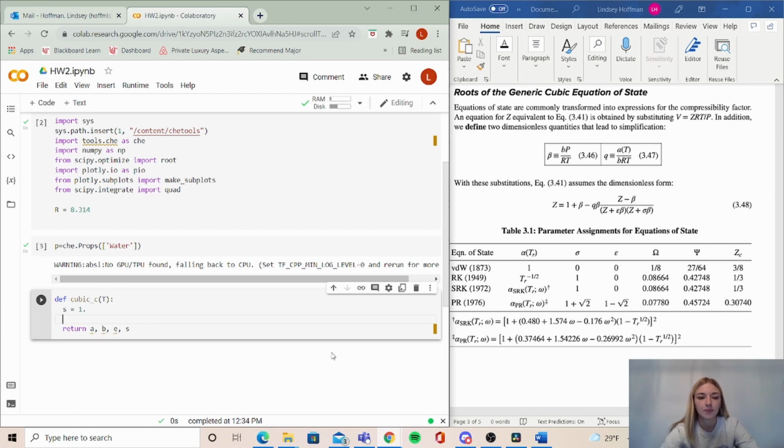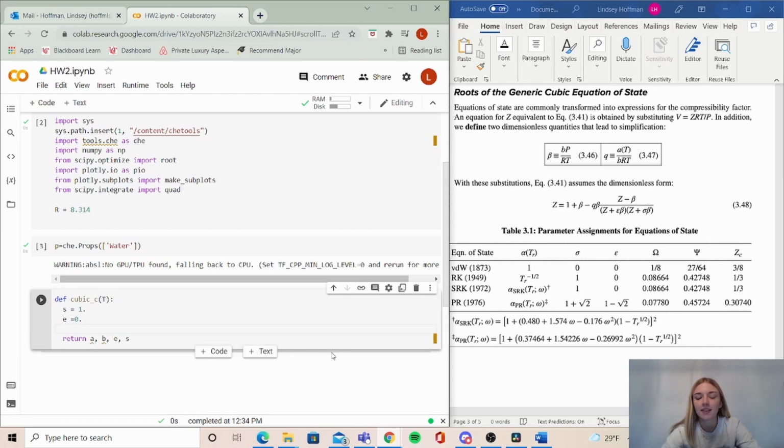Our epsilon, E, is going to be equal to 0. And then our psi is going to be 0.42748.